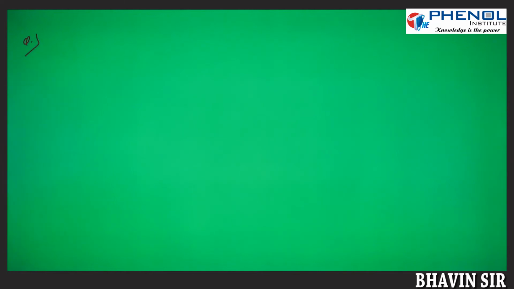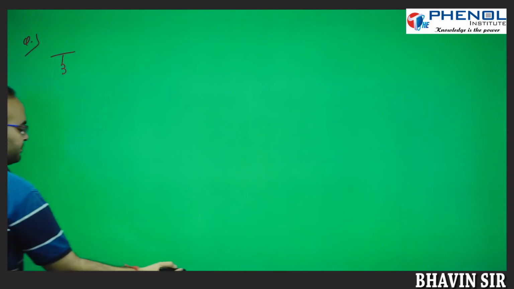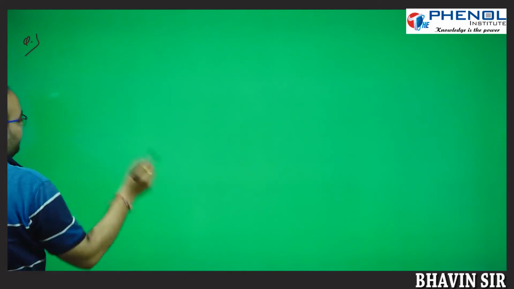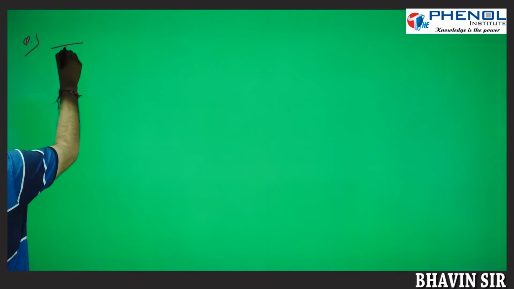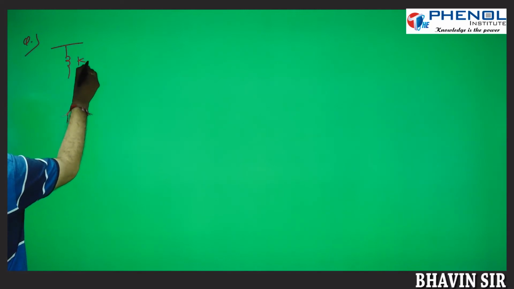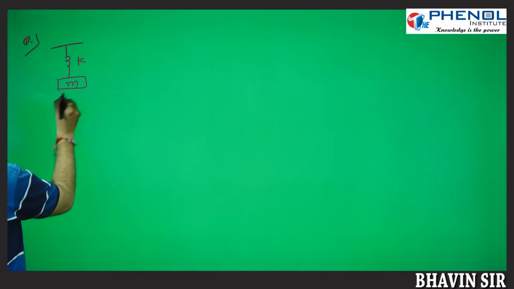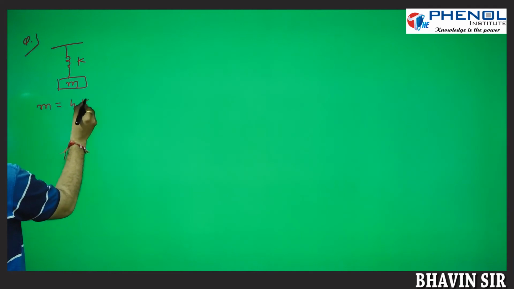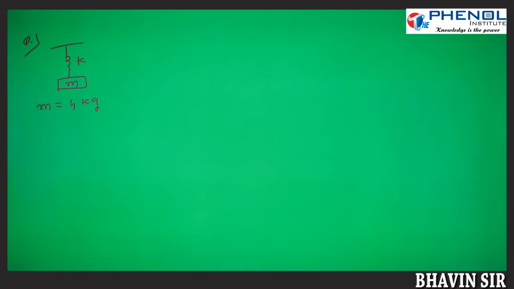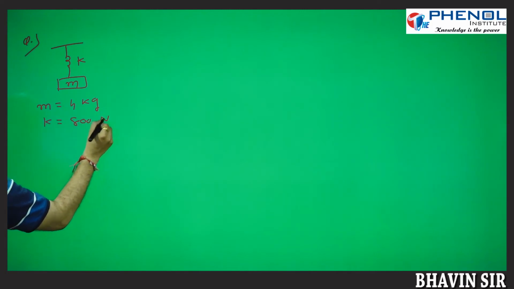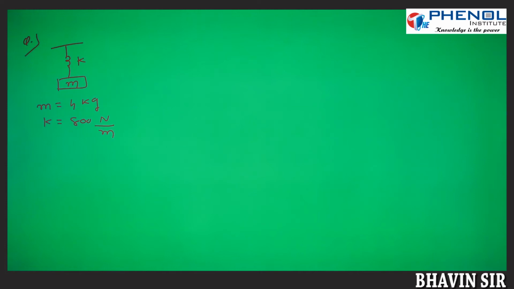So now see students, a mass of 4 kilogram block is attached to a spring of spring constant K. The spring constant is 800 newtons per meter, and it performs SHM.